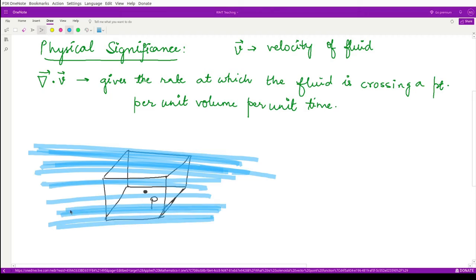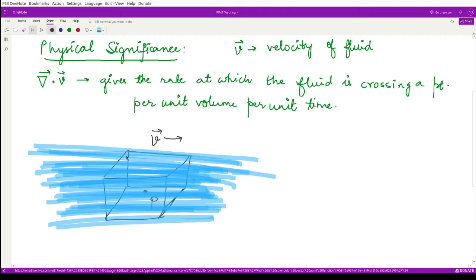So this we have already studied. So let's now define some other meanings for this. Say the vector v is flowing from the left hand side to the right hand side. So we'll see its effect on the point P.